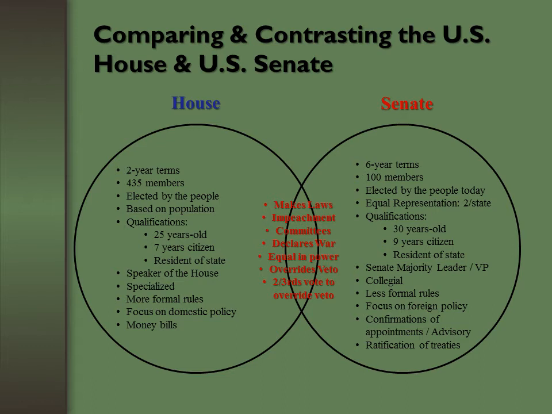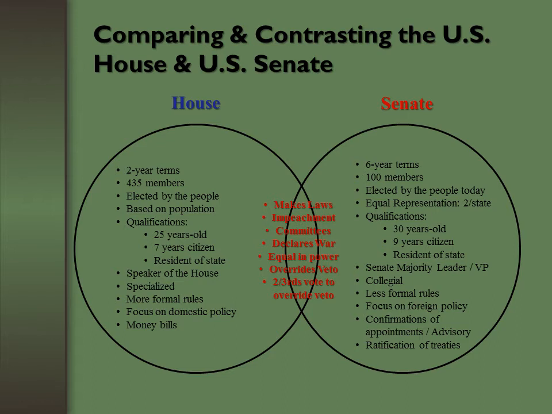They are, in fact, both equal in power. When a bill is introduced, it must be passed both by the House and in the Senate. So even though they consist of different numbers, understand that they are equal in power. No one chamber is greater than the other.